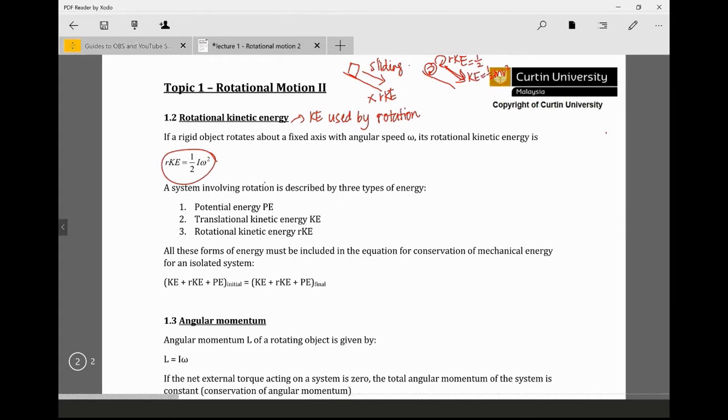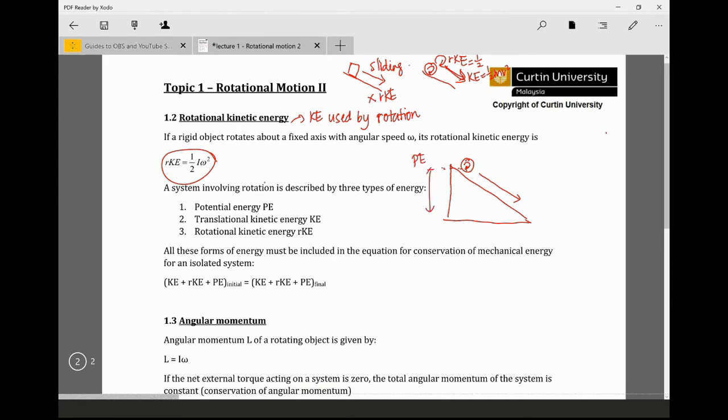Okay, so let's look at a simple energy system. If I have a ball rolling down the hill like this, what are the energies that I have in this system? The first one, since it is not on the ground, it's somewhere hanging in the air, so we have potential energy here.